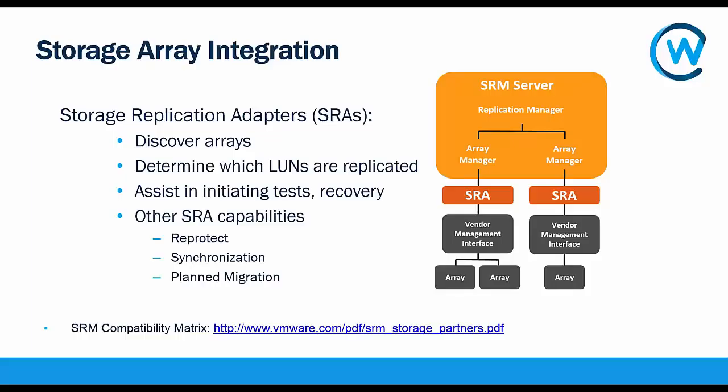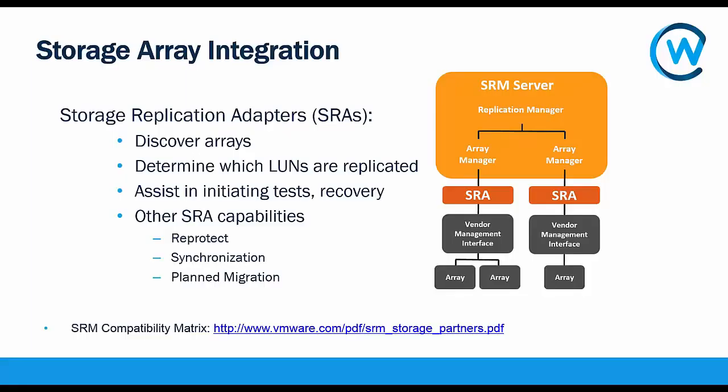So a replicated volume from the production site to the DR site will obviously be live and mounted in the production site, and it's likely to be offline in the DR site. So during testing or even failover, what the SRAs will do is SRM will talk through them to instruct the array to mount the volumes, create the initiators, and present it to VMware as a volume, so you can actually get into it and mount your virtual machines against the ESX hosts in the DR site.